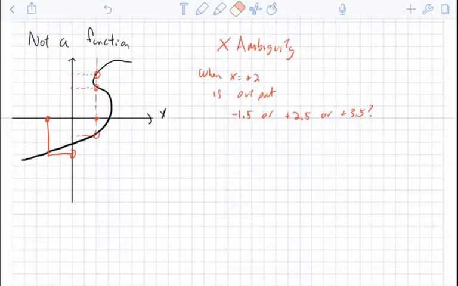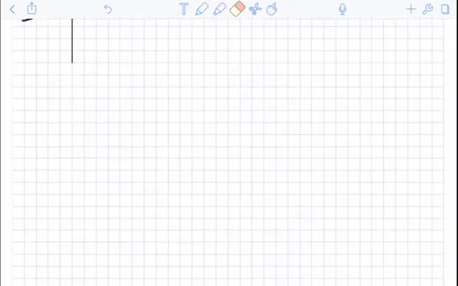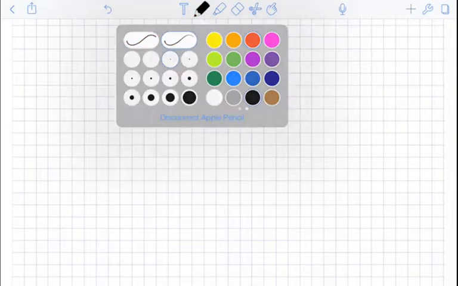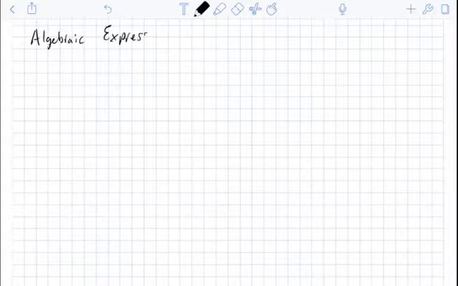Okay, so the last way of expressing a function that we're used to is using equations, algebraic expressions. And you're used to seeing us talk about these.